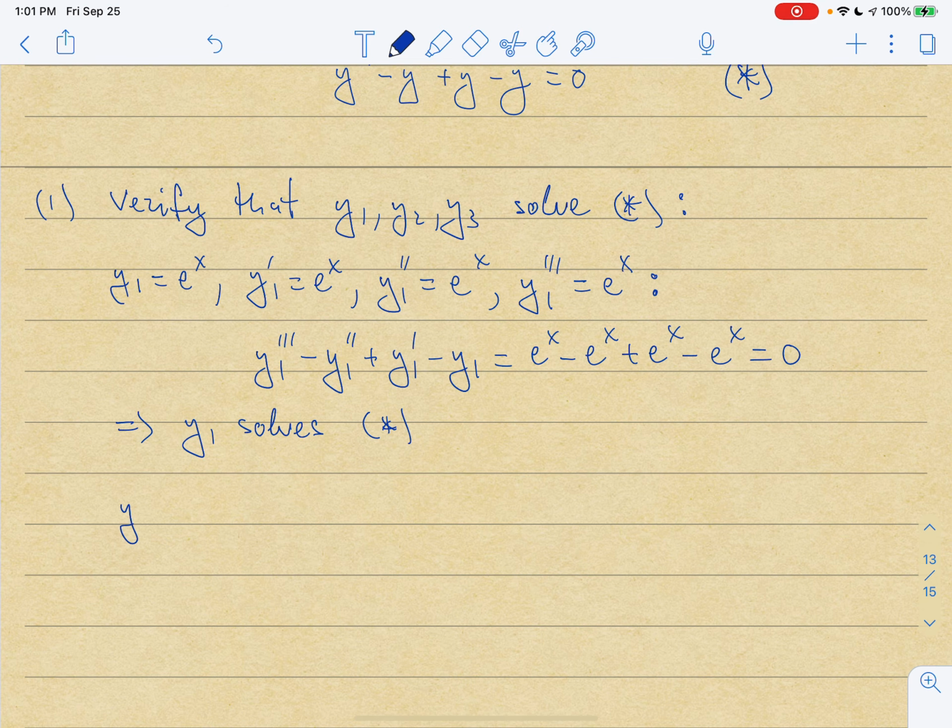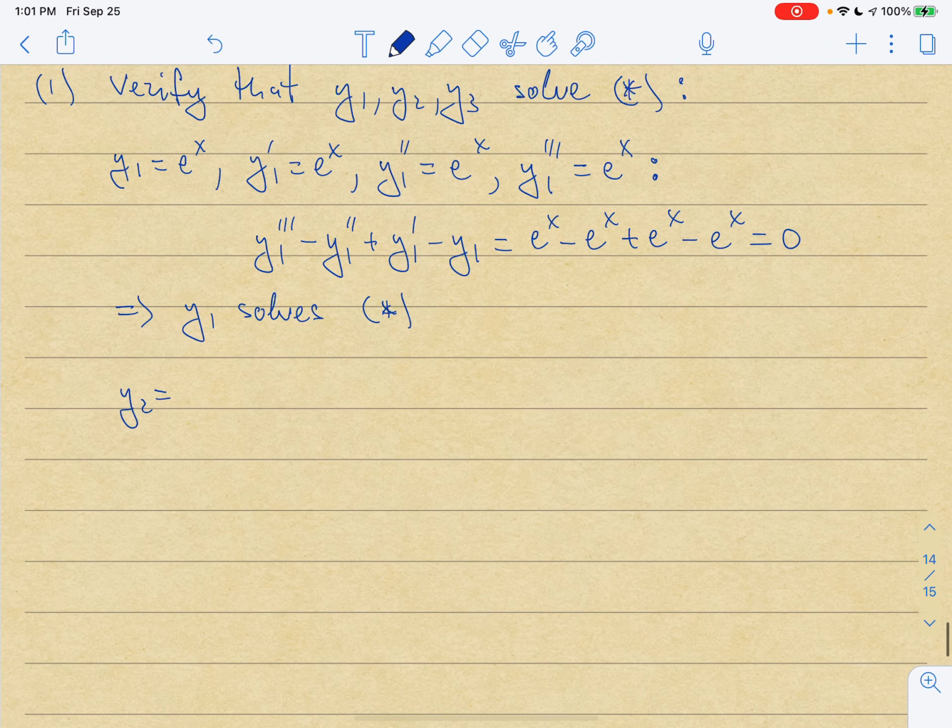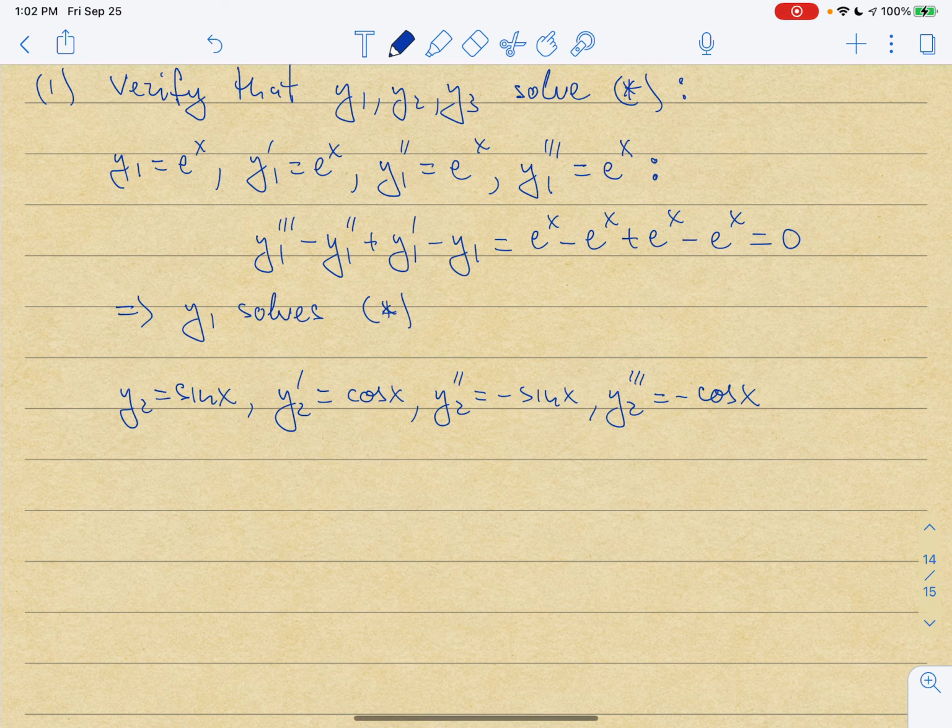Let's look at y2. y2 is sine x. Again, I will need three derivatives. y2 prime is cosine x. y2 double prime is minus sine x. y2 triple prime is minus cosine of x. Now substitute y2 triple prime minus y2 double prime plus y2 prime minus y2.